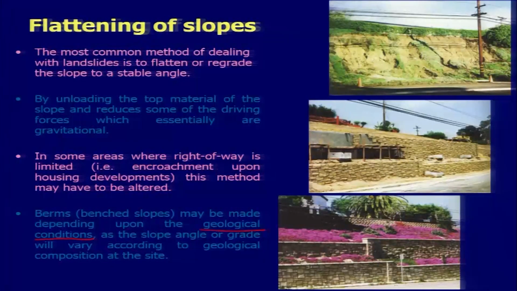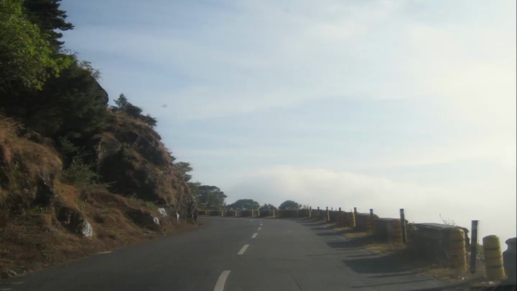So, you have beautified the area, as well as almost reduced the chance of landslip or mass movement which has been seen in this photograph on the top. So, this is one of the best ways one can minimize the mass movement.